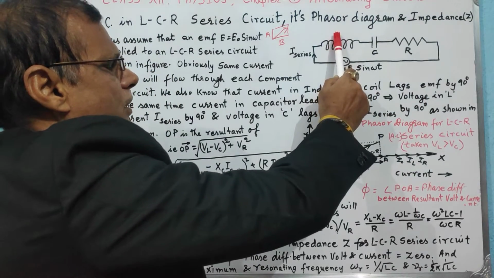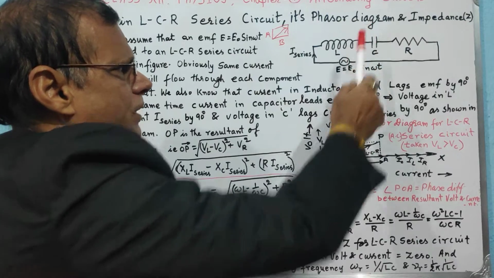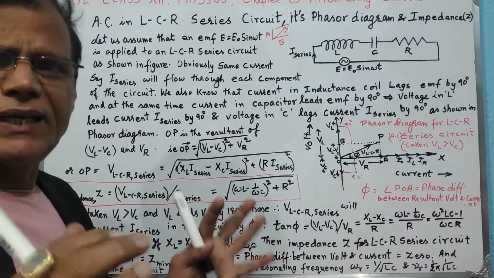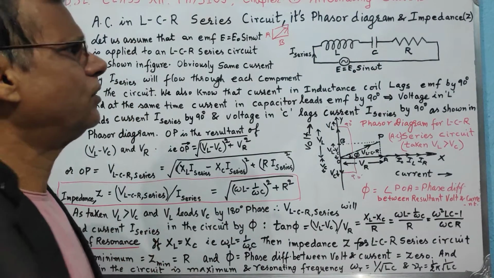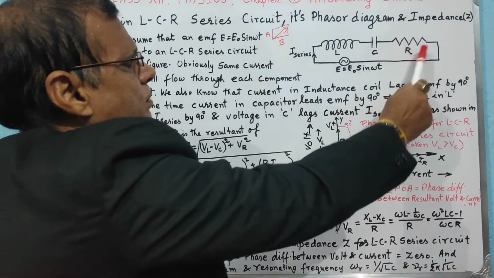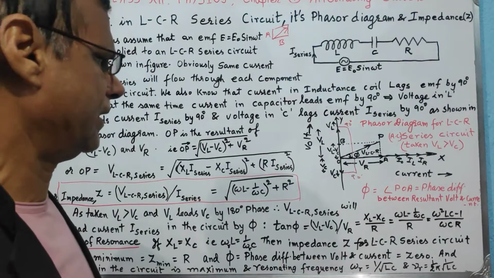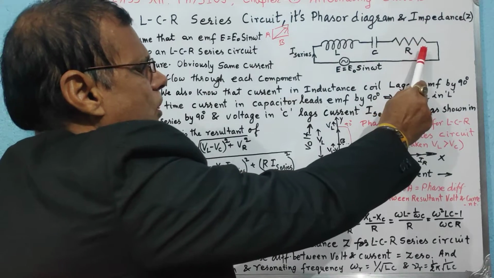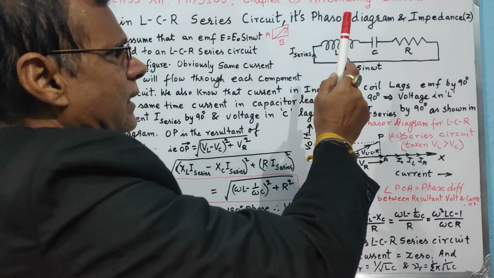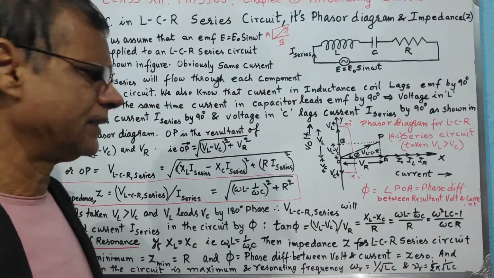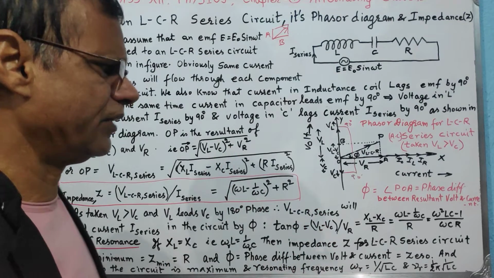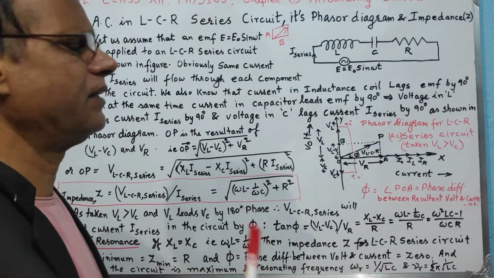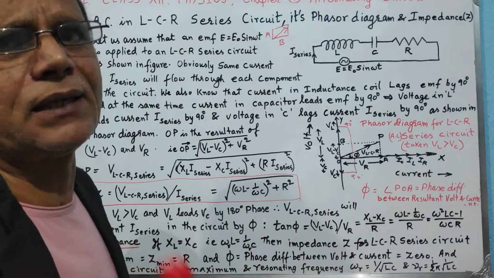The potential drops across L and across C together cancel, and since the potential drop across the resistance is in the same phase with the current, in this case of resonance the phase difference between voltage and current becomes 0.